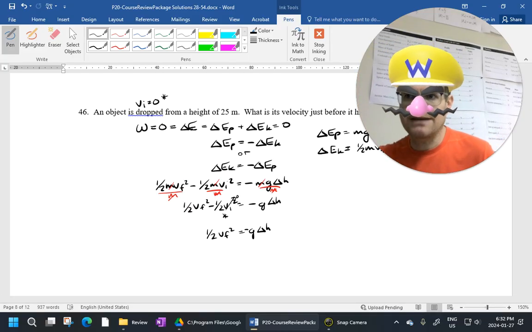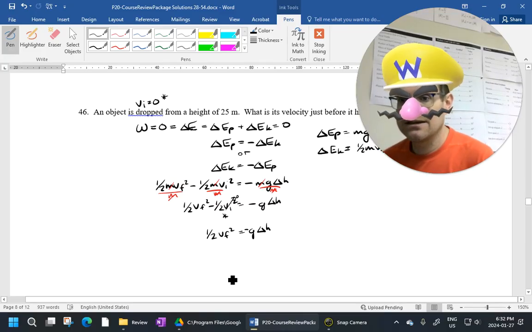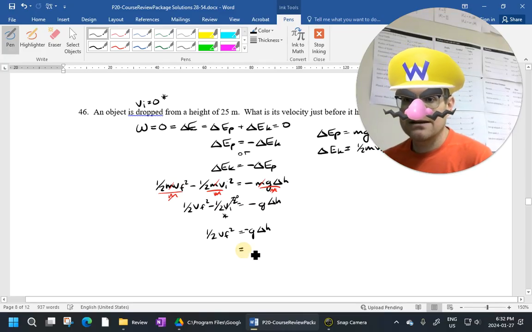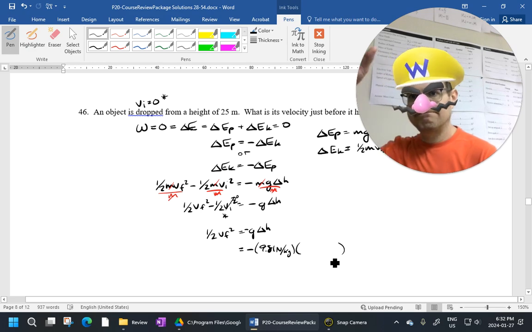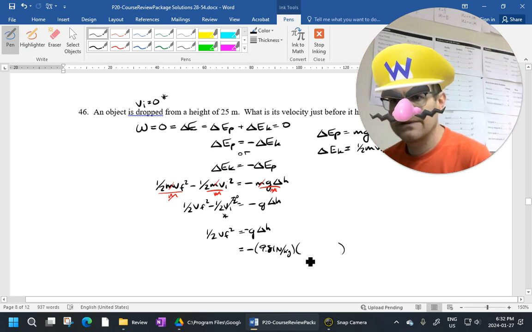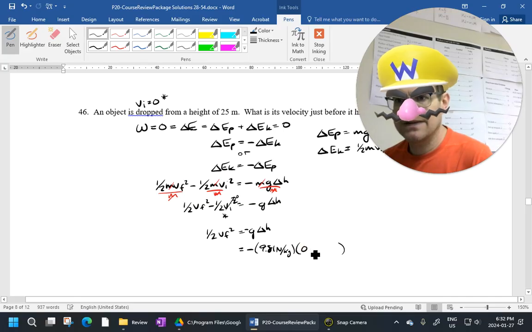Change can be negative because of the change in the height. So when I do this negative and I go 9.81, I'm going to have my final, which is 0, minus my initial, 25 meters above the ground.